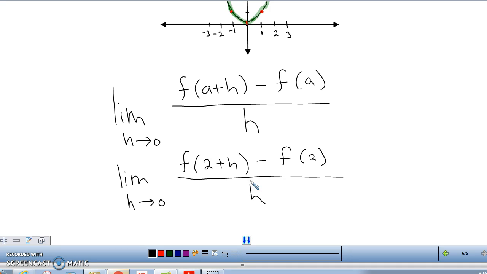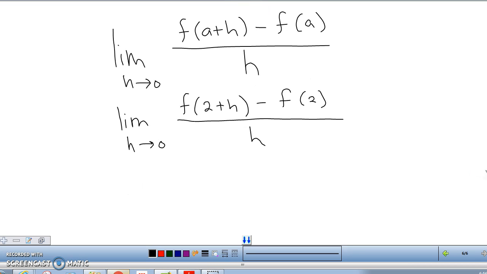Before we do this, let's go ahead and input f of 2 plus h and also f of 2.